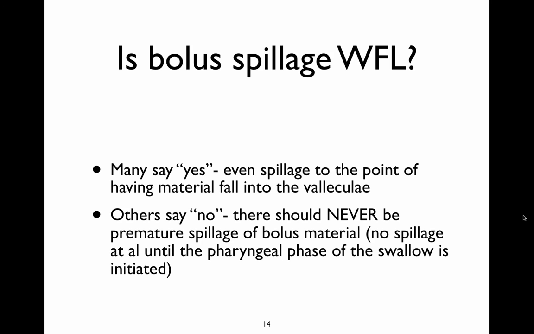All right, so back to our question, is bolus spillage within functional limits? Many people say yes. It's okay, even normal, whatever that is, to have some spillage, even to the point where there's material that falls over the base of the tongue and into the vallecula. Now, you're saying, I'm sure, to yourself, isn't that what happens once the port opens as a result of the soft palate elevating?